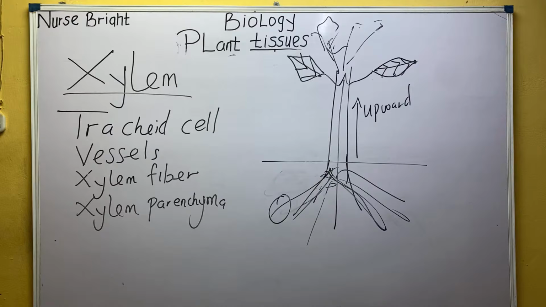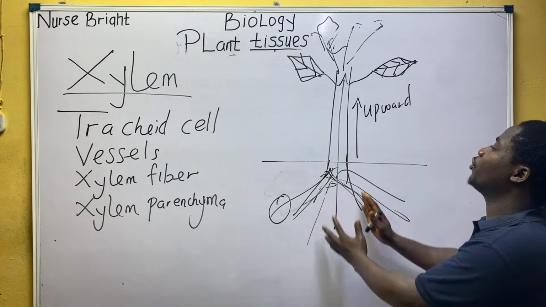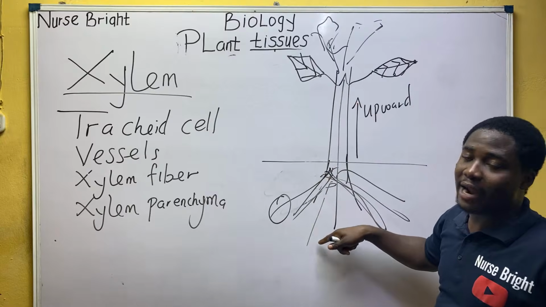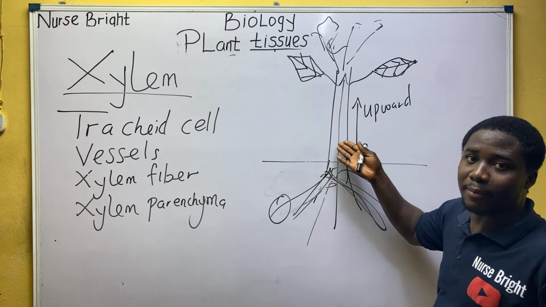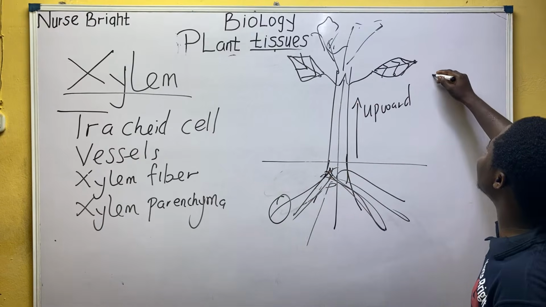All right. Now, let me tell you something that is essential. Remember, we established that the xylem is found in the roots, and they also go through the stem. They support the root and stem, so that means they are part of them. So let's say this is a stem.